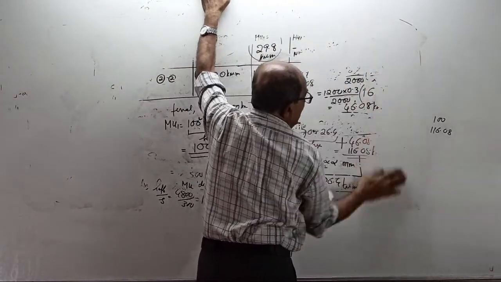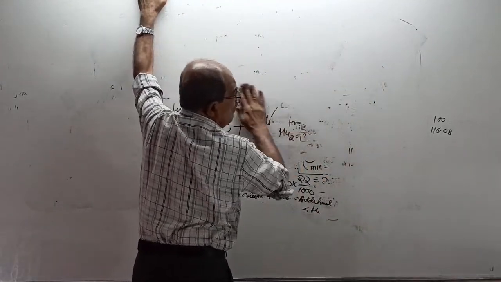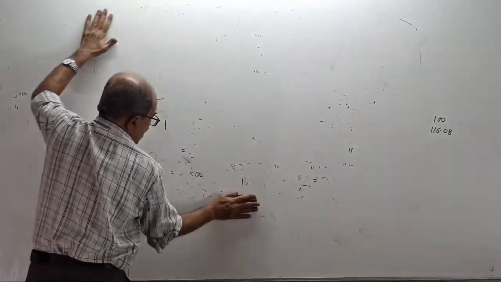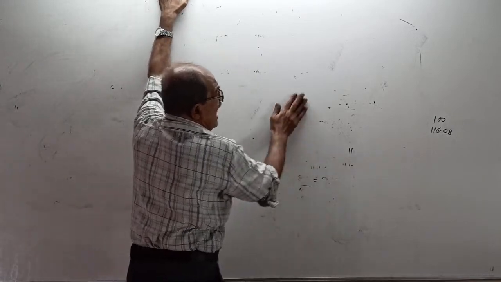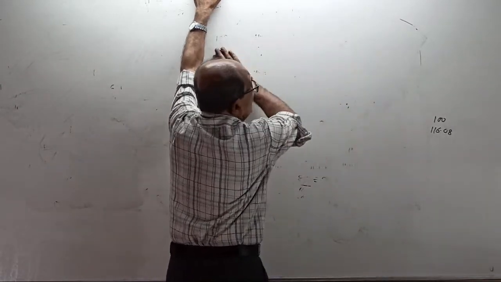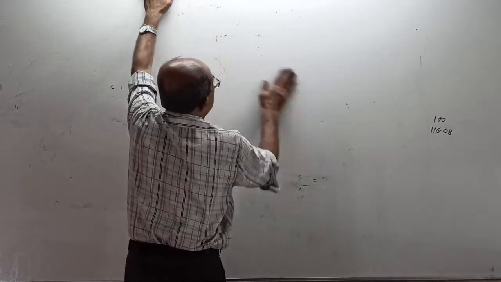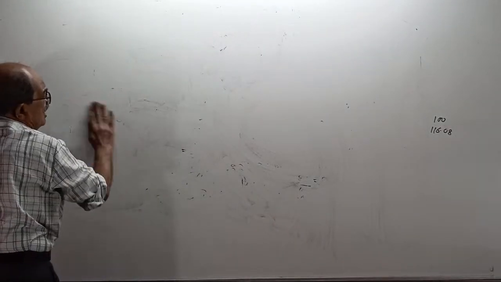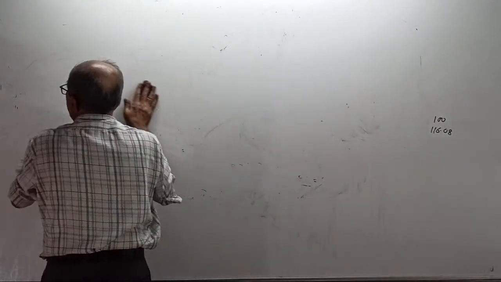We have to design a column section 300 by 600, which is subjected to a factored axial load of 2200 kilonewton and biaxial bending. The two factored BMs are 100 and 116.08 kilonewton meter, with M25 concrete and FE500 steel.